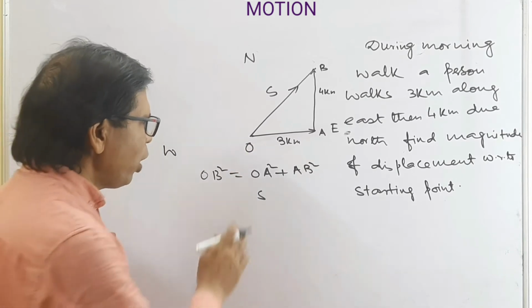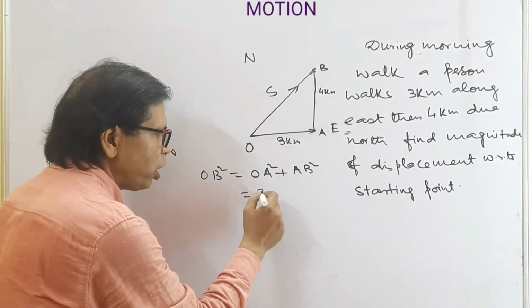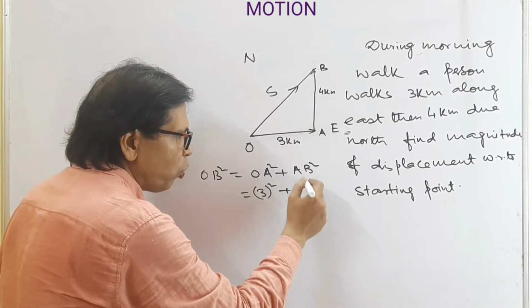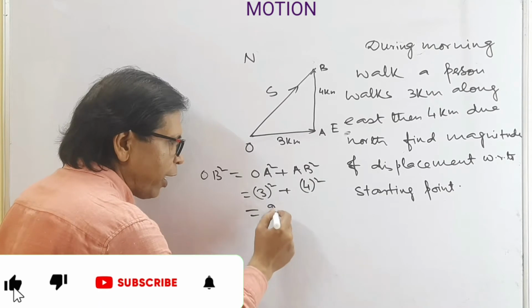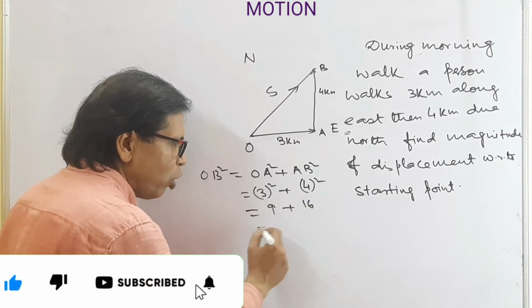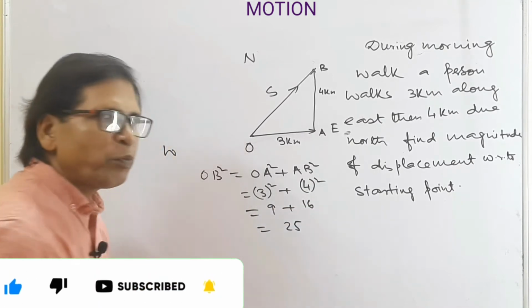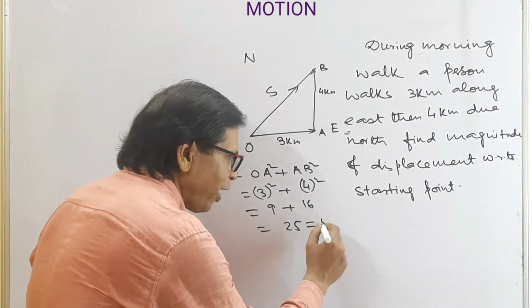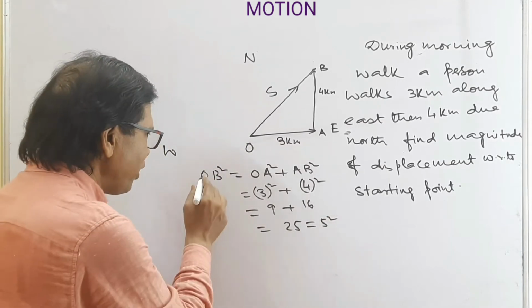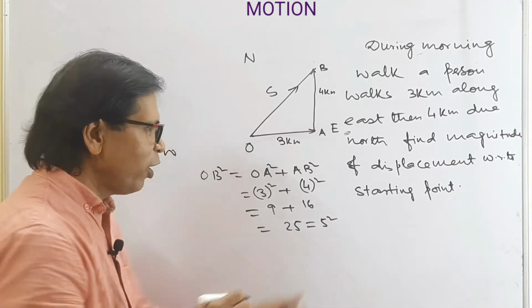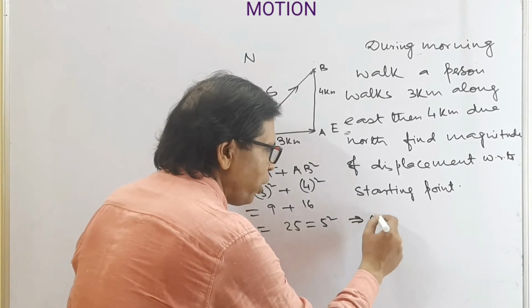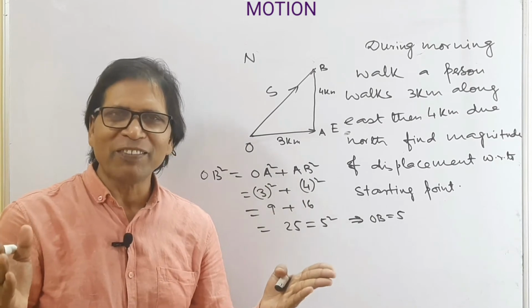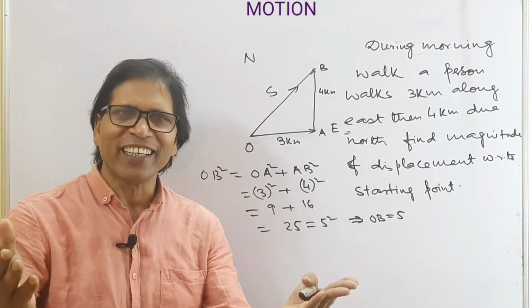OA equals 3 square and AB equals 4 square. So this is 9 and this is 16, so this is 25. Now 25 can be written as 5 square. Understood? So OB square equals 5 square, hence OB equals 5. Therefore the magnitude of displacement is equal to 5 kilometers.